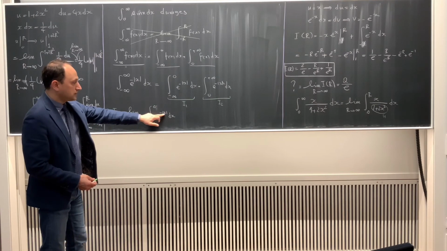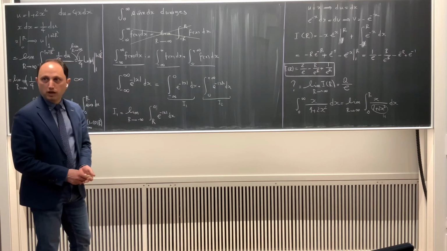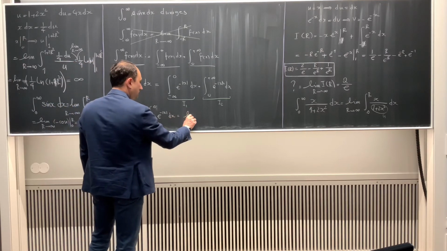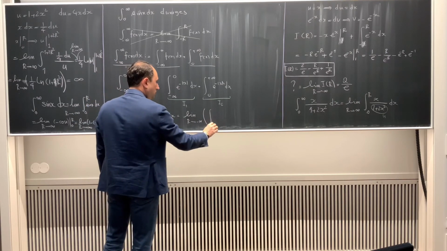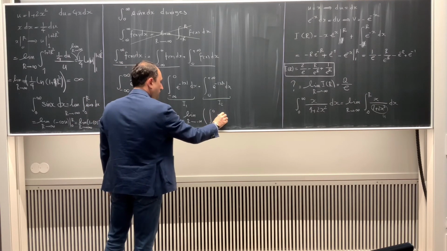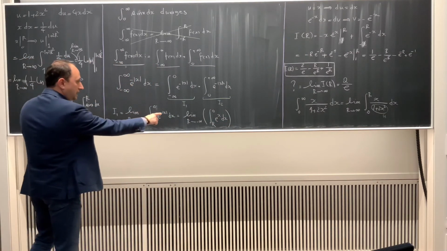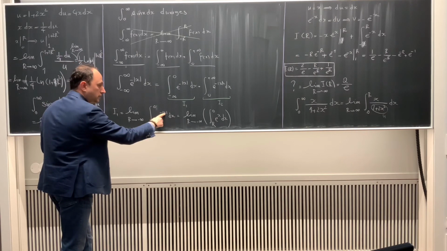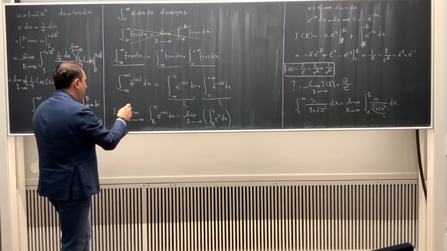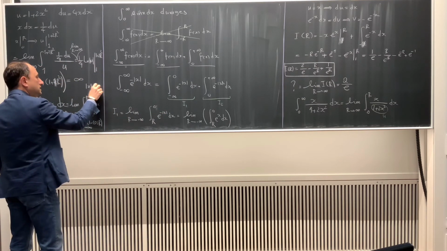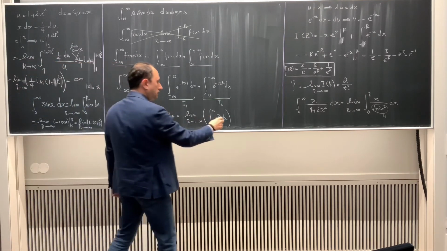So x is always negative, so I remove the absolute value, but the price that I have to pay is to multiply by a minus sign. So this becomes the limit, r goes to minus infinity, of the integral from r to 0 of e to the power of positive x dx. Is that understandable? If I ask you, is x positive or negative, you say that in this case, x is definitely negative. When it is negative, it means the absolute value of x is negative x. So this becomes positive x. And then I calculate this one, which is simple.